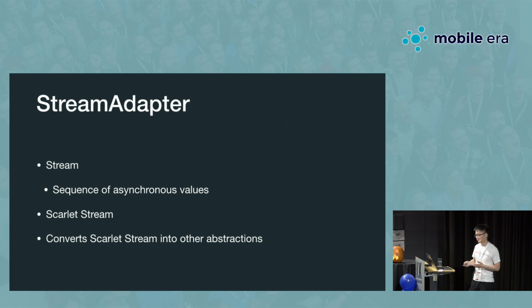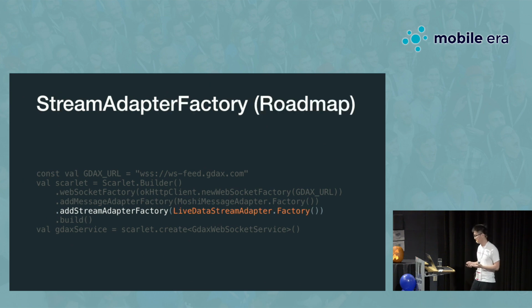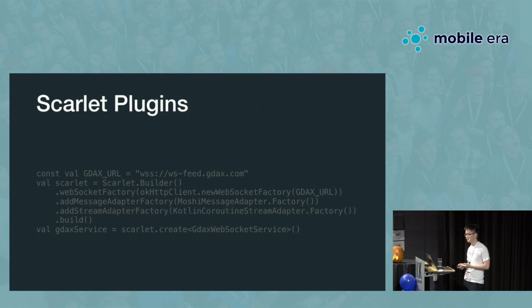It uses stream adapters to convert the built-in stream type to the asynchronous libraries that you prefer, such as RxJava. We support RxJava 2, RxJava 1, and Kotlin coroutines. We might support other abstractions such as LiveData and Flow in the future.